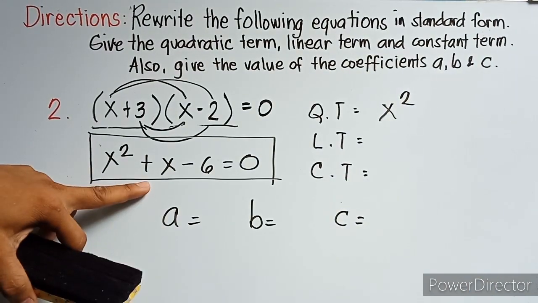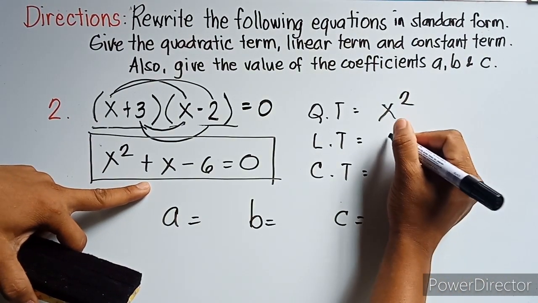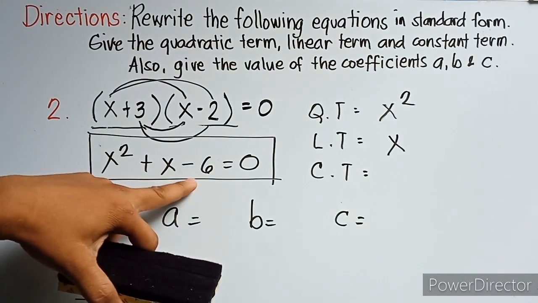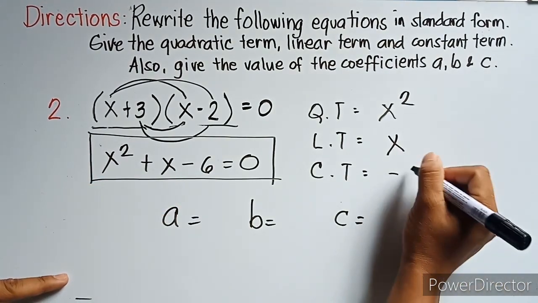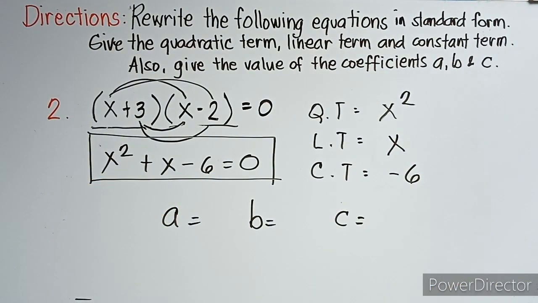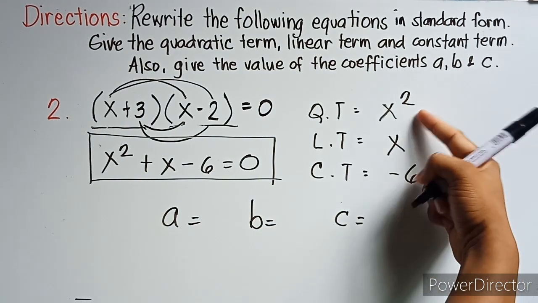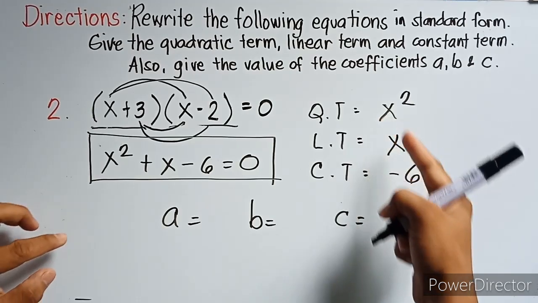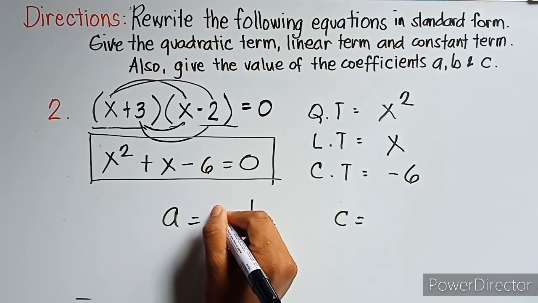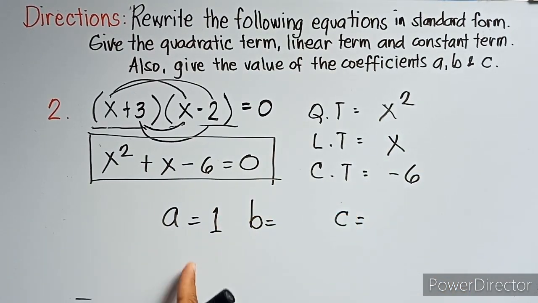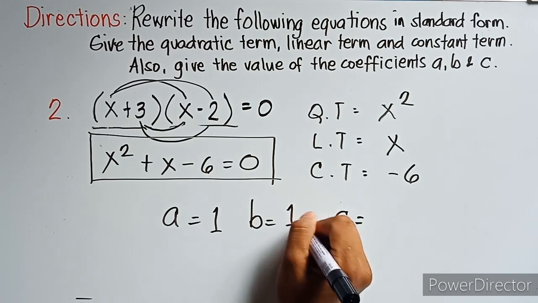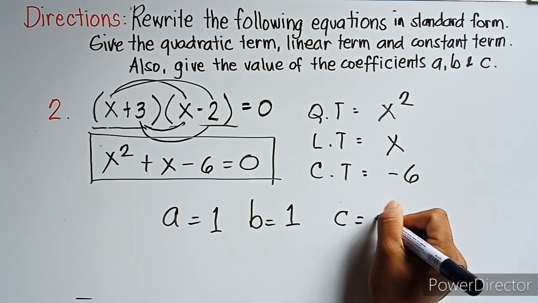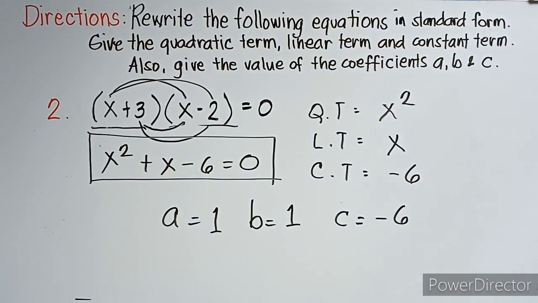Ang ating linear term ay x, the second term, at ang ating constant ay negative 6. So, for the value of our coefficients, so again, variable lamang ang mga ito. So, ang kasama nilang number kapag ganyan ay laging 1. So, A is 1, B is 1, and our constant is negative 6.